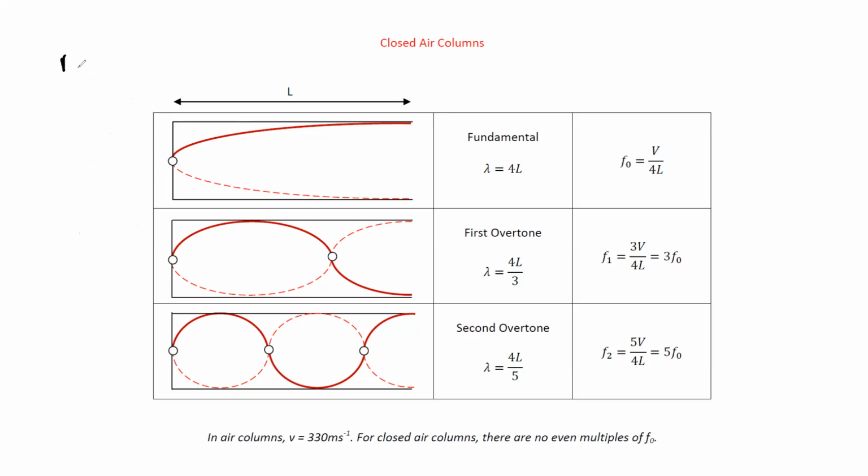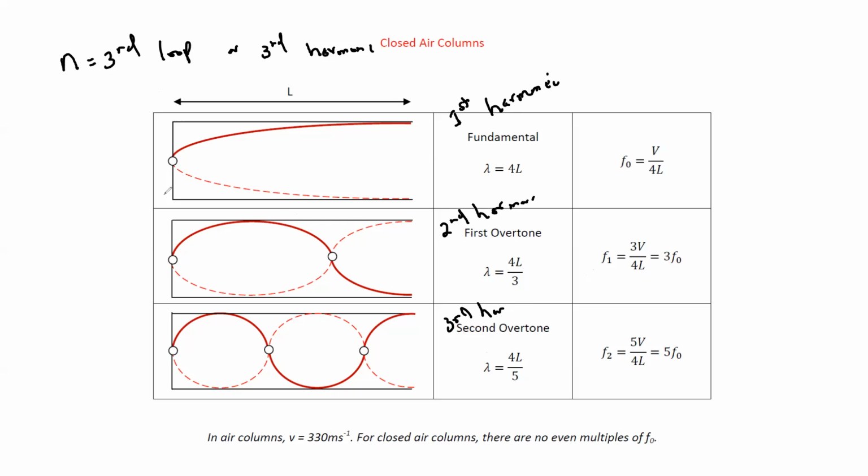So if I ask, what is the frequency of the third loop? Third loop means the third harmonic for a closed pipe. This is the first harmonic, also known as the fundamental. This is the second harmonic. This is the third harmonic.